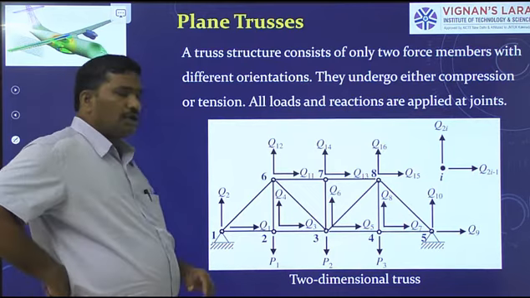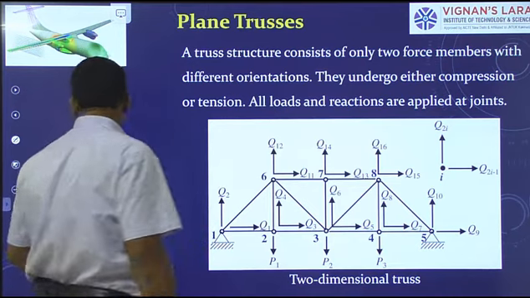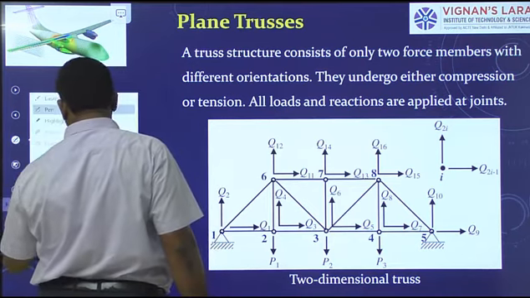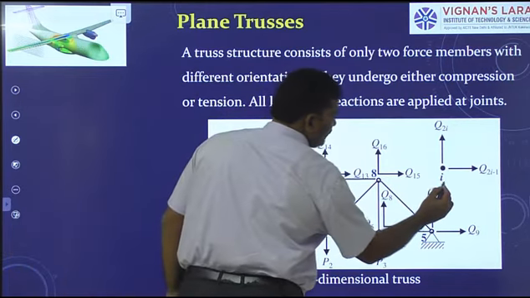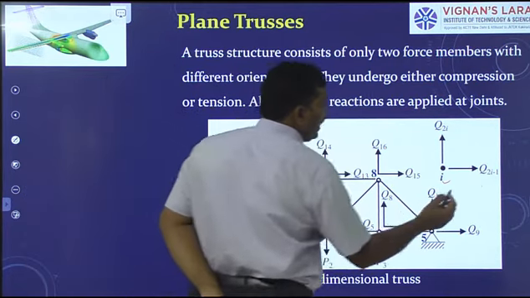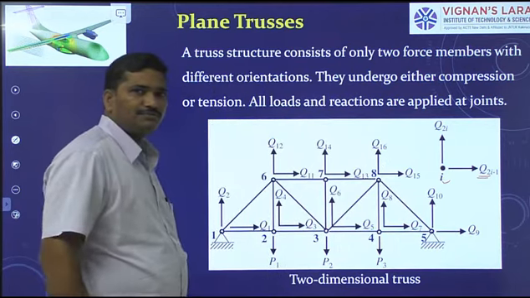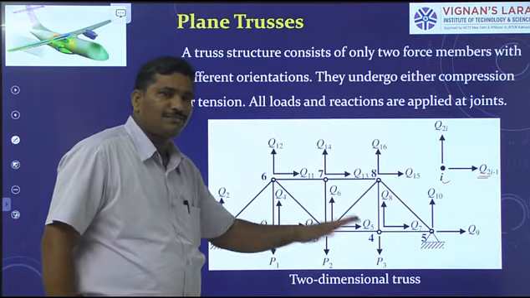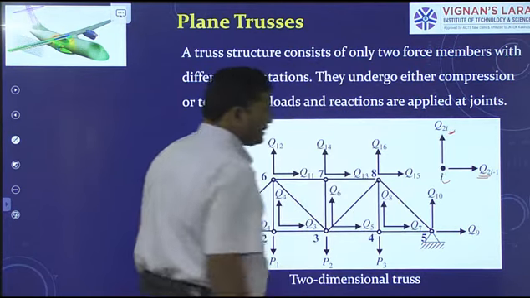Here, a node is denoted by, say, I. If I denotes a node, right? Q2i minus 1 represents the horizontal displacement, and Q2i represents the vertical displacement.